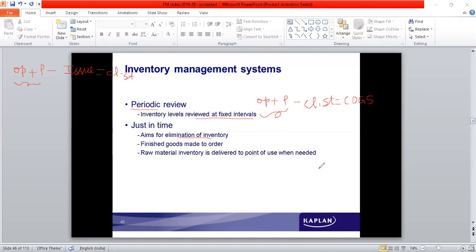So how does this work? How is it in contradiction to the conventional method? In the conventional method, the purchase department places an order with the supplier.